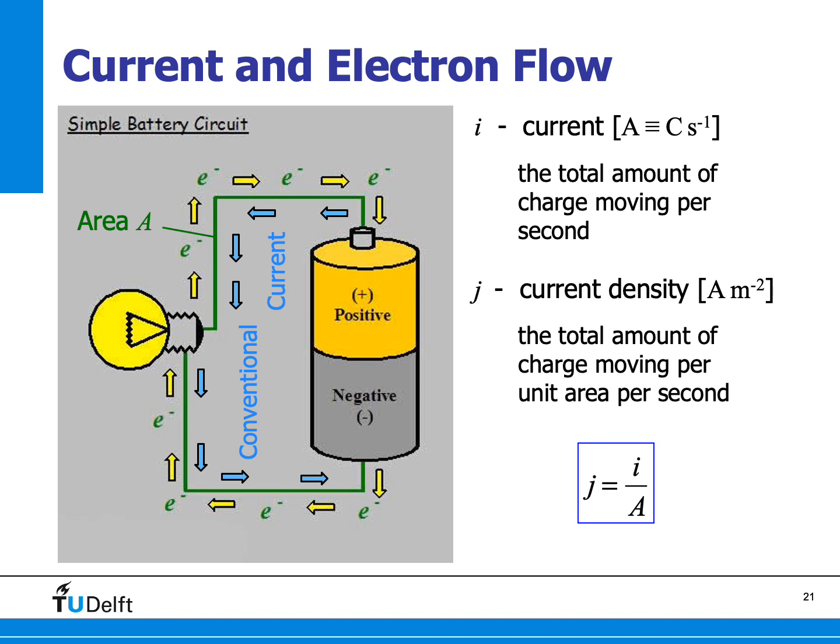So the current flows from plus to minus, whereas we do know that the elementary charge carriers are the electrons, and they will move from the negative electrode to the positive.